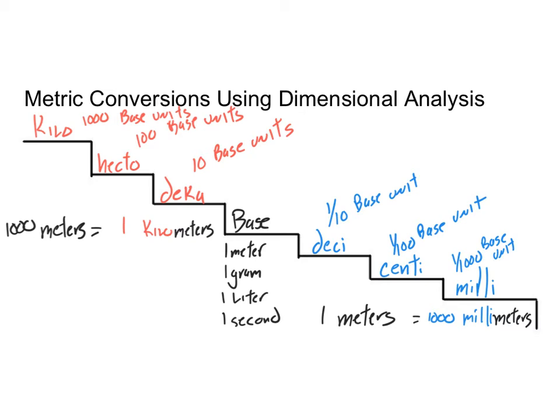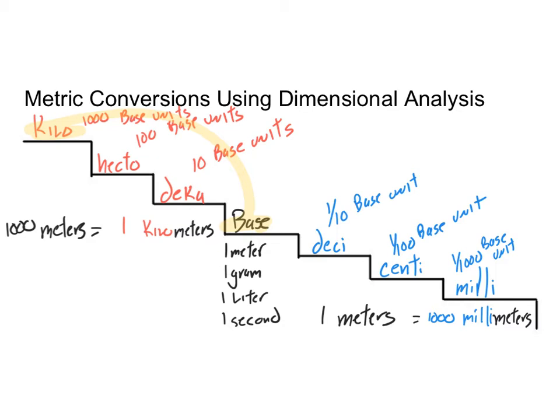I'm going to go from the base unit, which is the meter, back to kilometer over here. So that's the thing that I'm comparing. And I can go directly from base to kilo. I don't have to go to deca, to hecto, and then to kilo.